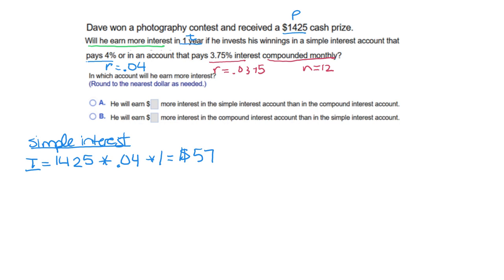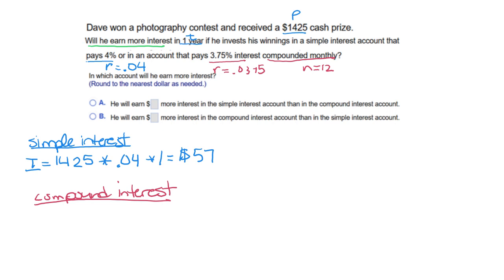On the second one, I'm going to do the compound interest investment. And let's calculate this one.